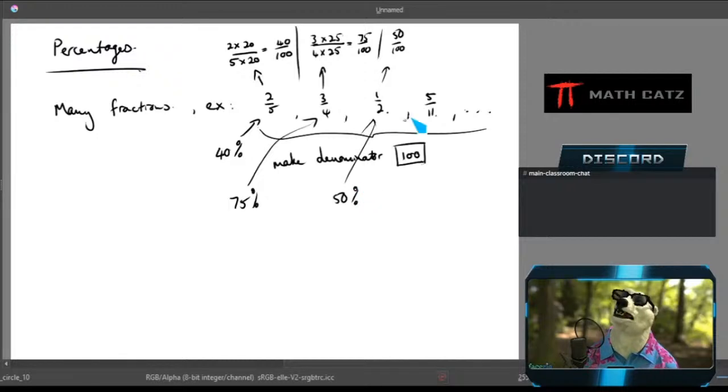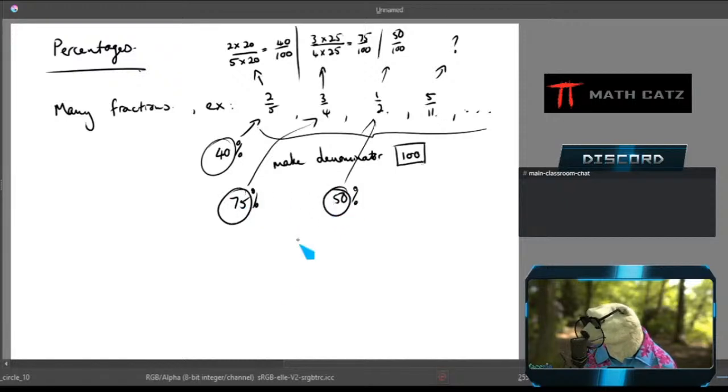But of course, you see that, okay, some fractions might not be as convenient. So let's find another way to get to this percentage value when I don't really care about the fraction in its full original version. I only care about the numerator. So if you take 2/5, I can take 2/5, or I can take its equivalent 40 over 100.